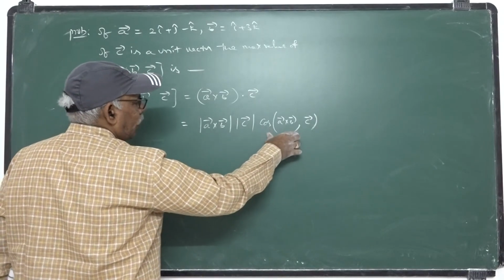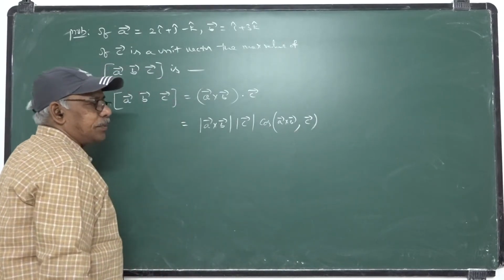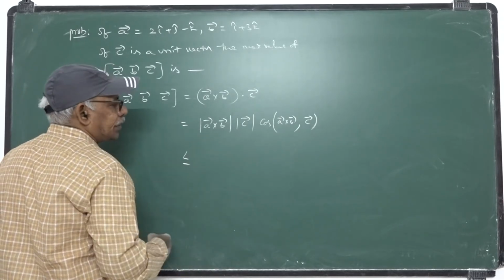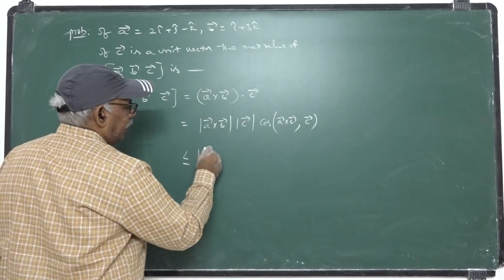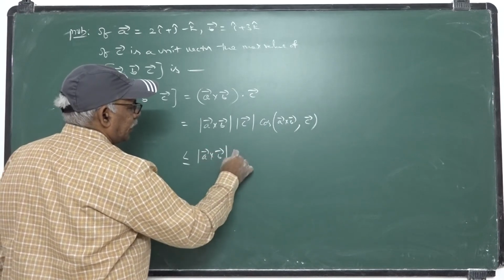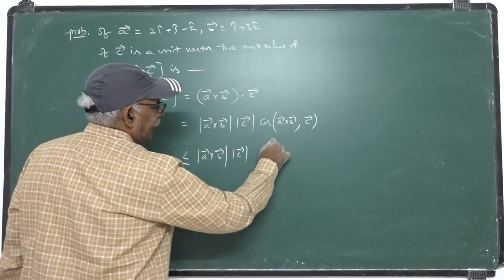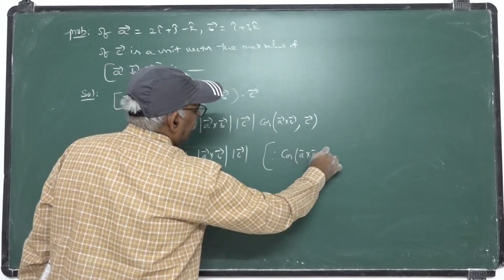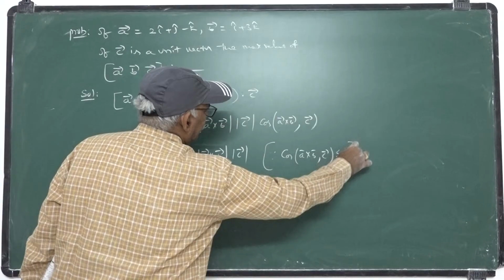But the maximum value of cos is 1. Hence, this value is certainly less than or equal to modulus of A bar cross B bar, mod C bar, since cosine value always lies less than or equal to 1.